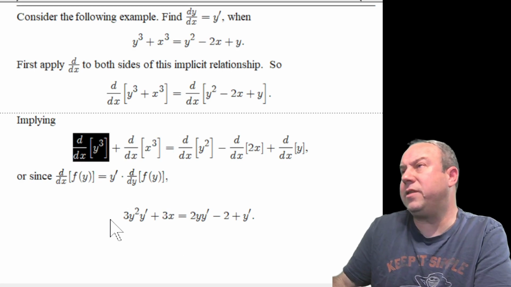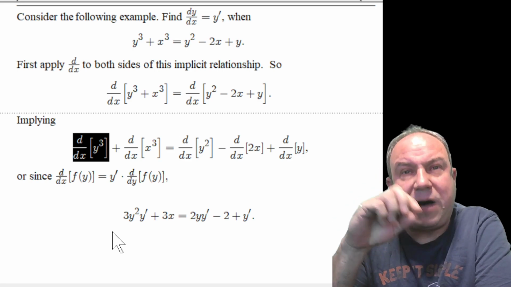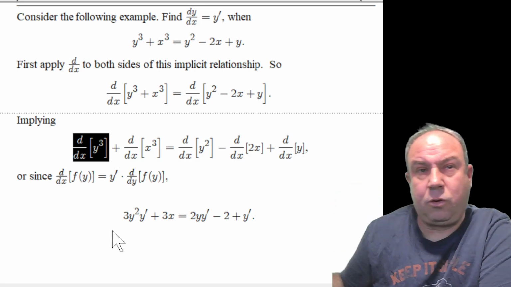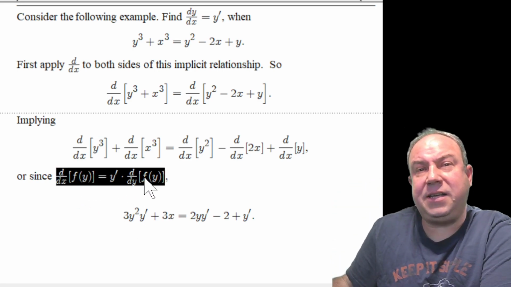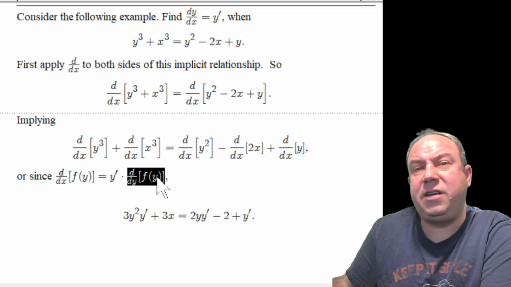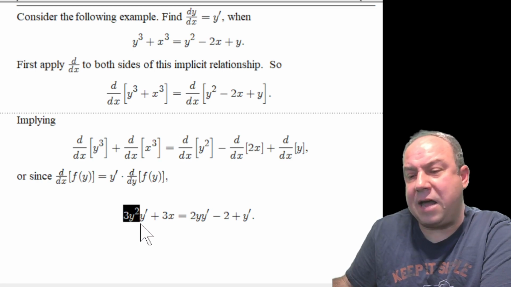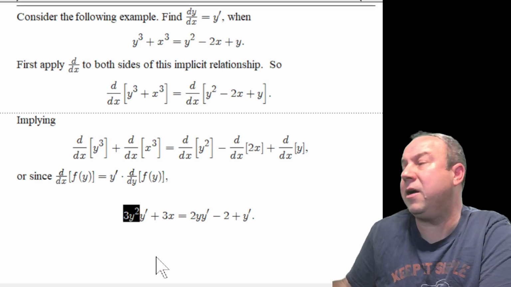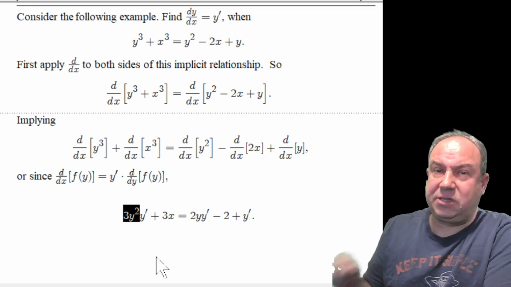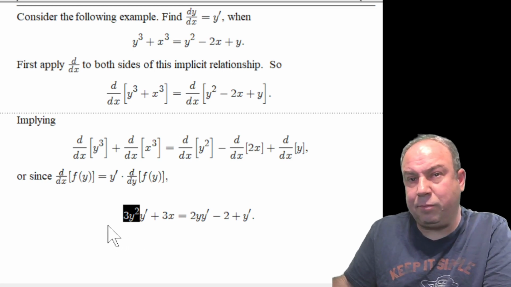All we're left with is the derivative with respect to x for y cubed, where if we follow the implicit rule, this idea seen here, it is just going to be y prime times the derivative of that interior function y cubed with respect to y. And what is that derivative? Well, that derivative would be 3y squared. So that results in 3y squared times y prime. And this becomes our implicit relationship.